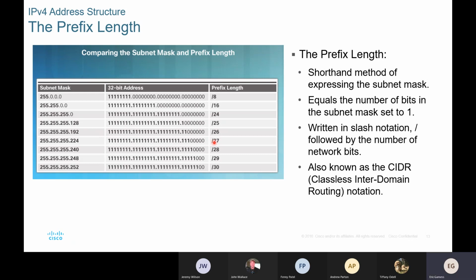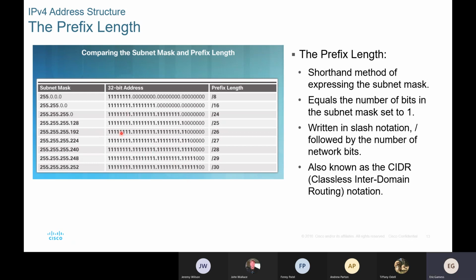And in dotted decimal notation, the first byte will be 255, then 255, then 255, and the last one will be: 128 is present, 64 is present, and 32 is present. So 128 plus 64 is 192, and 192 plus 32 is 224. So this is 224.